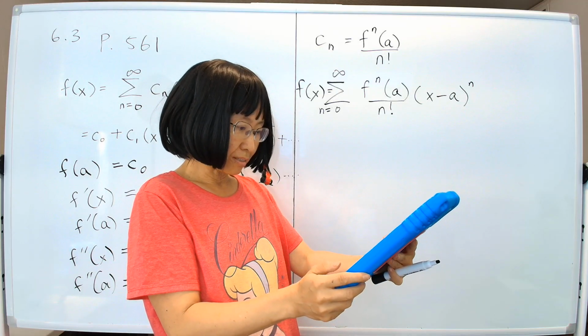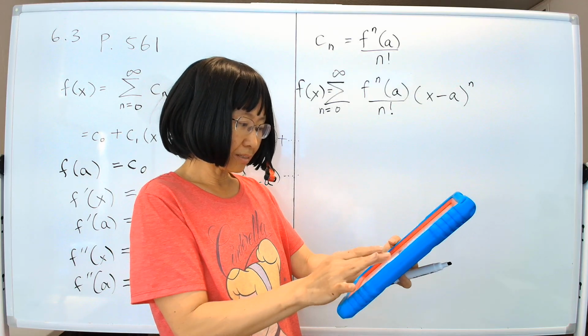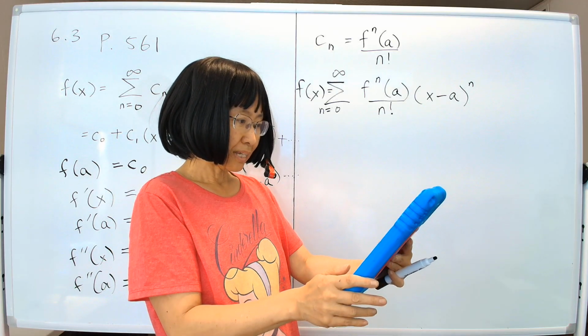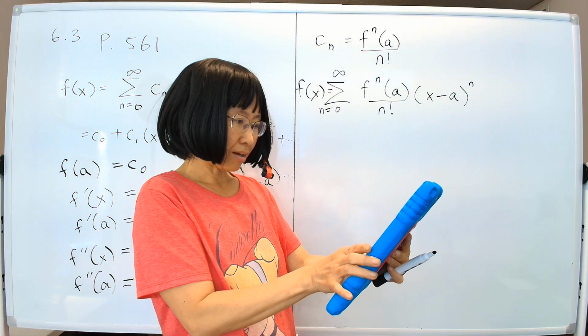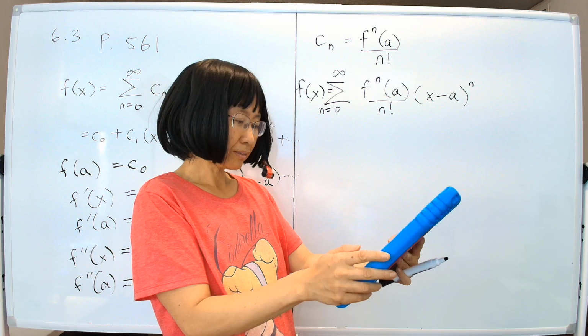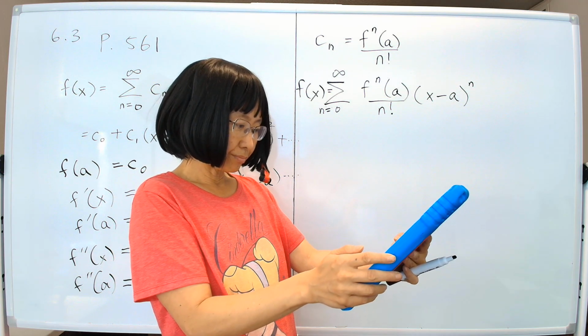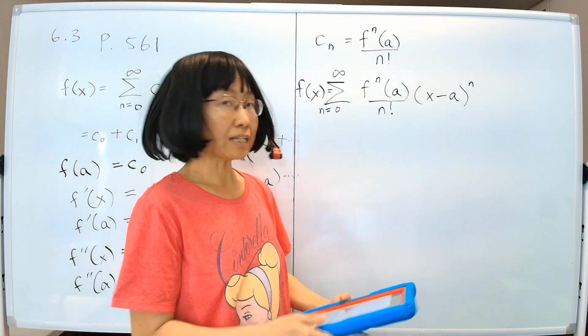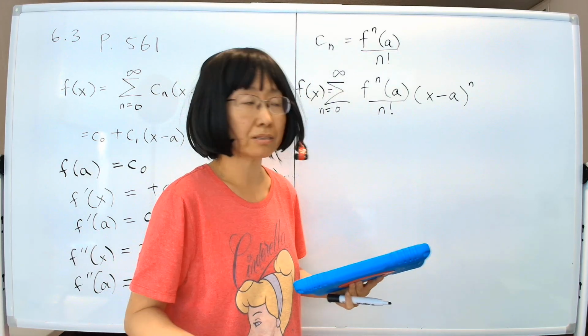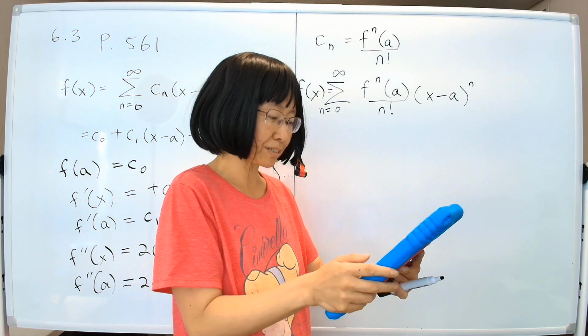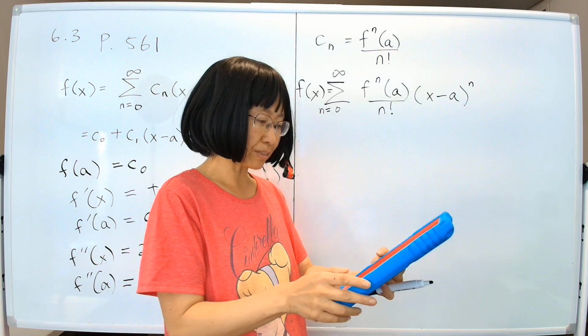Next, uniqueness. If there is a Taylor series, then it has to be unique. That's because a power series is unique in general, and the Taylor series is just a type of power series, so it follows to be unique as well.